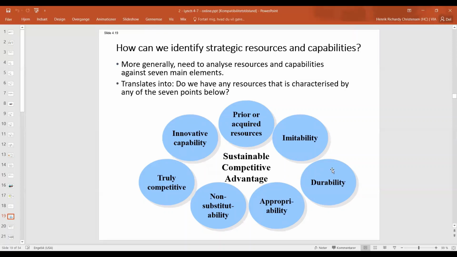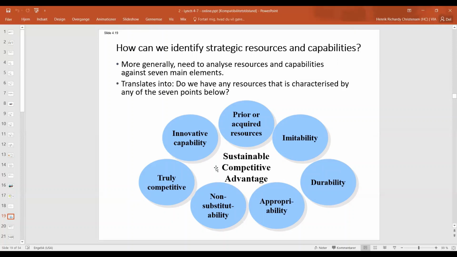If the answer is yes, it is durable, then maybe it can help us create a competitive advantage. And so forth. We investigate each of those resources against these 7 elements. And we simply ask the question, do we have any resources that are characterized by any of the 7 points below? Having made that analysis makes it possible to eventually identify resources that would help us gain a competitive advantage. So that's what we are using this for.